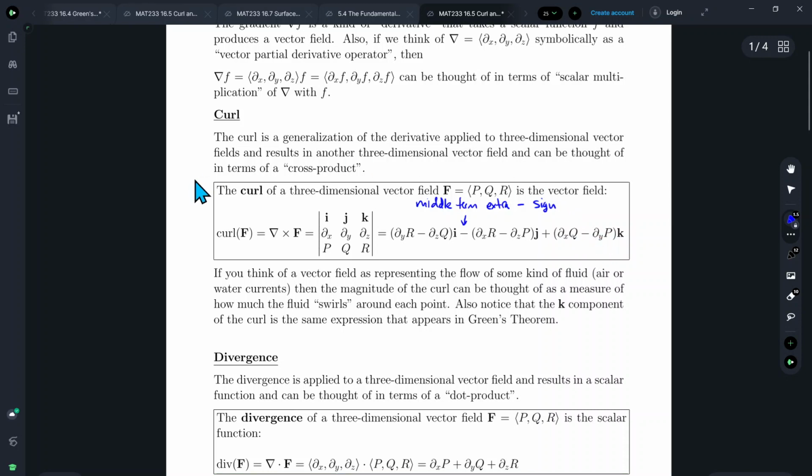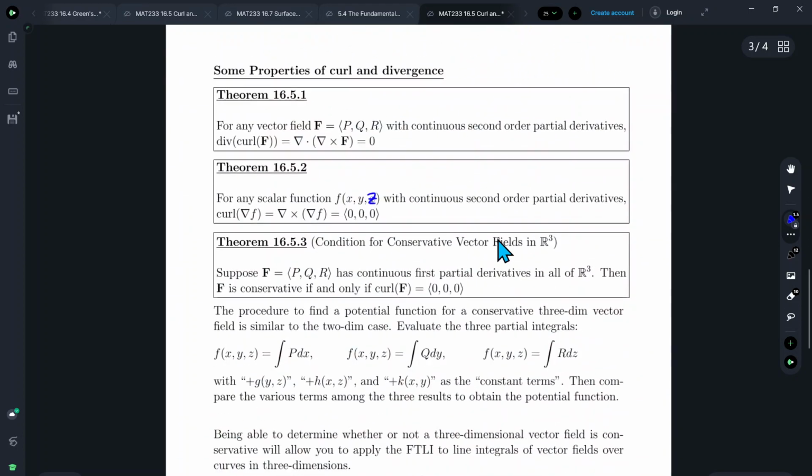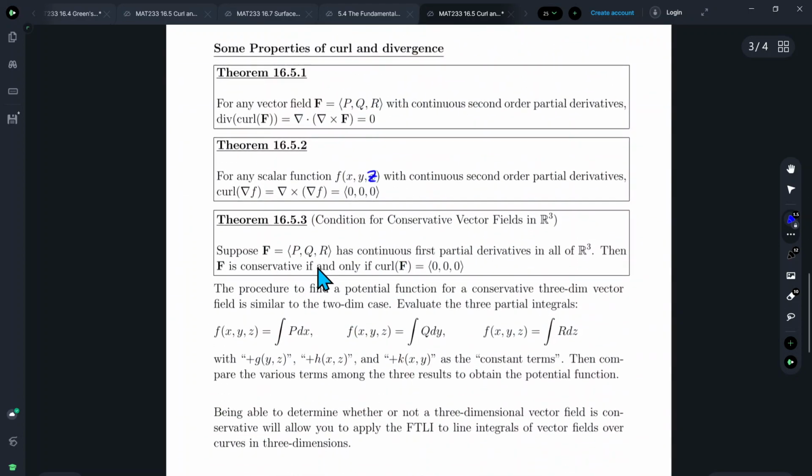And so now, if we involve the curl of a 3-dimensional vector field, we can use that to determine whether a 3-dimensional vector field is conservative or not. So again, as long as the vector field has continuous partial derivatives everywhere. Okay, so that's how we can determine if a 3-dimensional vector field is conservative.